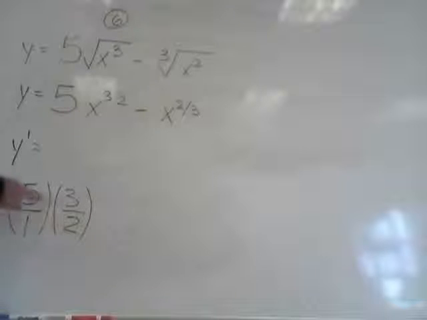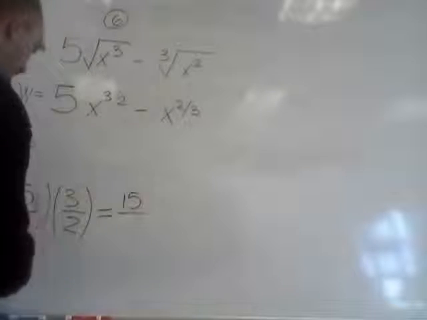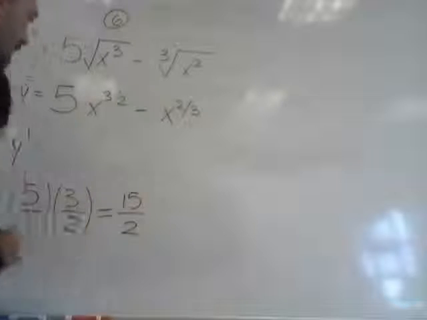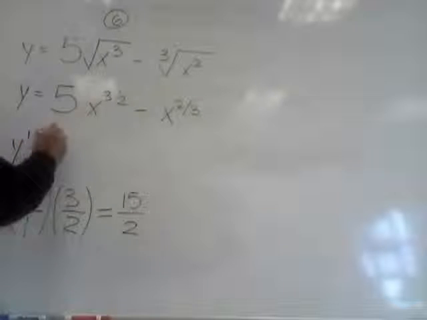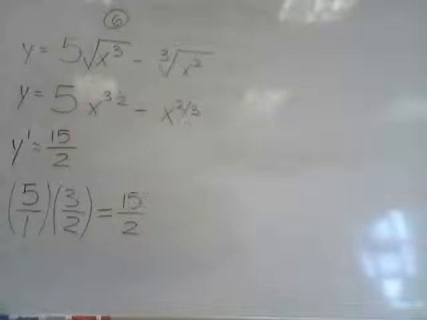So I'm only going to multiply this times this and this times this. It will be 15 halves, 2 times 1. Okay? So that's what I have here. Now, that was the solution to this part.